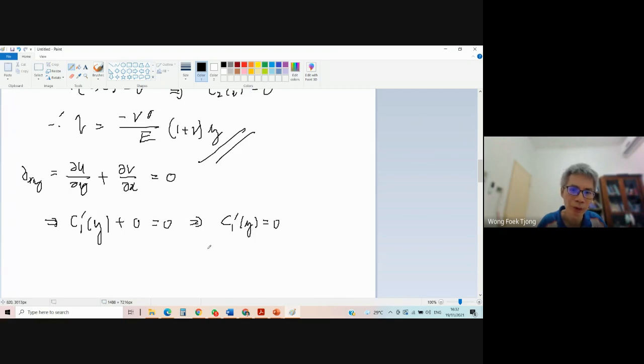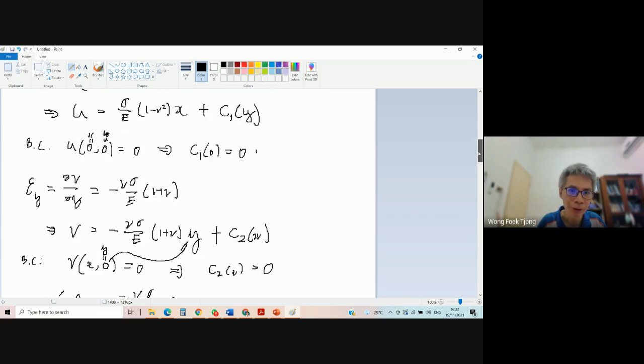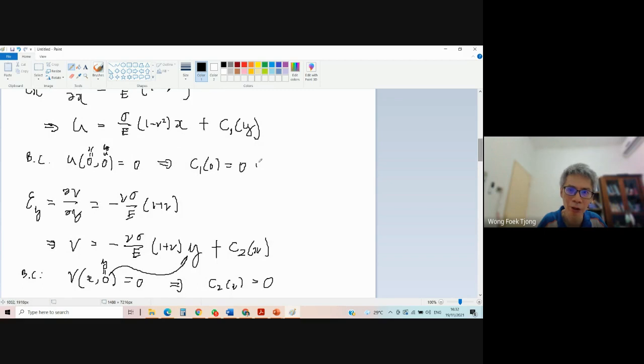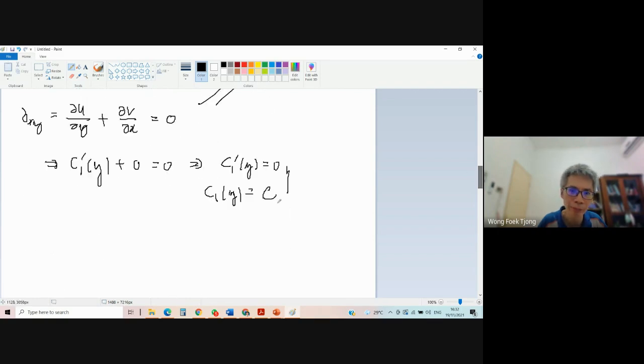So what is C1? Of course, just a constant, not a function of x or y, because the first derivative with respect to y is 0, it should be a constant. But according to this information, the constant is 0, right? C1(y) is constant, and that constant is 0. So we can conclude that this one is equal to 0.